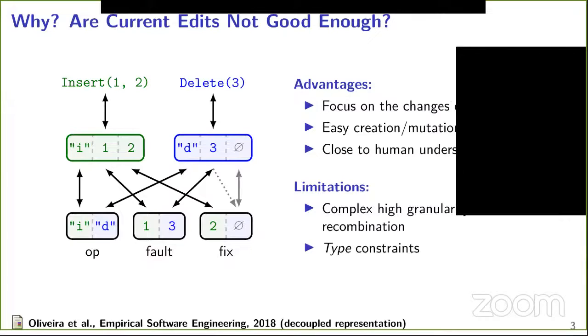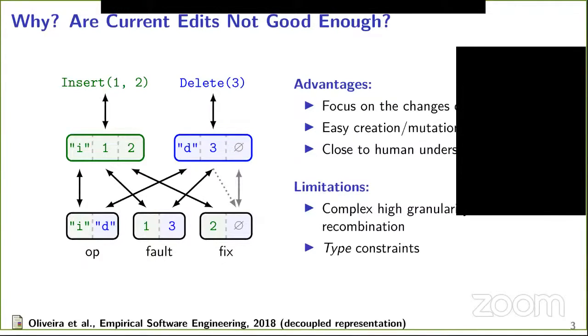In the work of Oliveira et al., they introduce a decoupled representation, on the bottom left, where instead of having a list of triplets, you have a triplet of lists. One list for the operators, insertion, deletion, one list for the fault locations, 1, 3, and one list for the fix locations, 2, 3, for example.